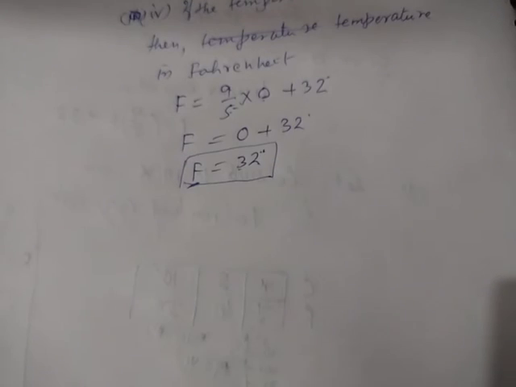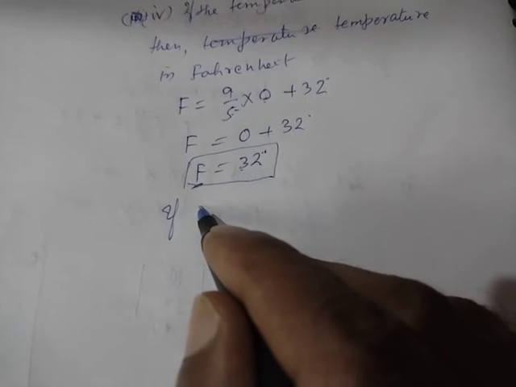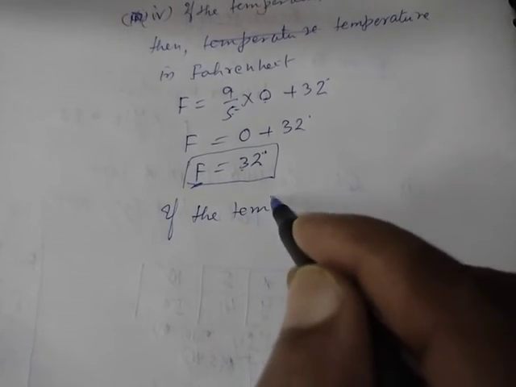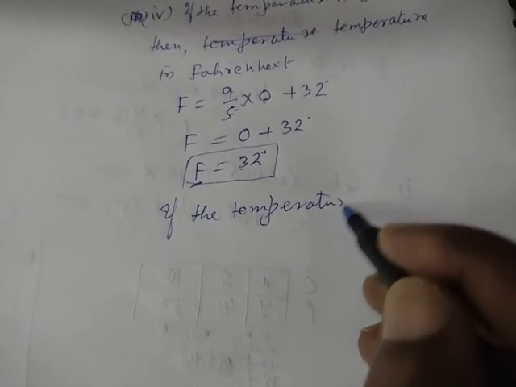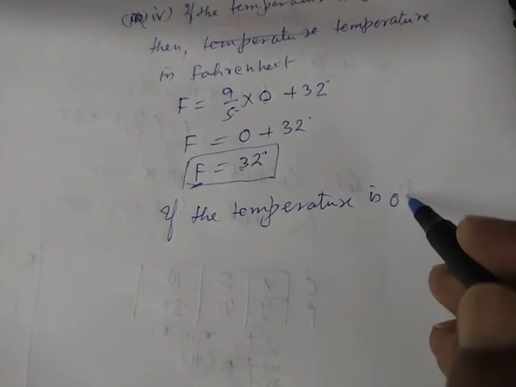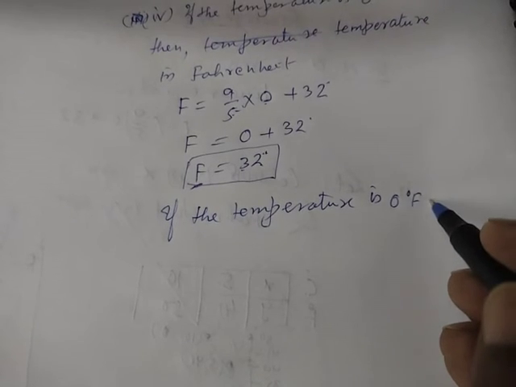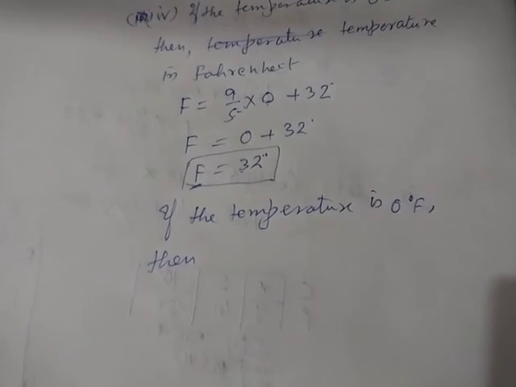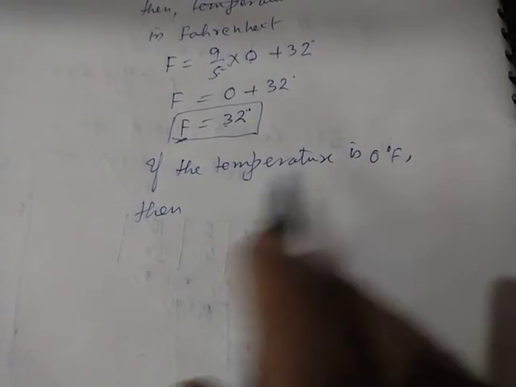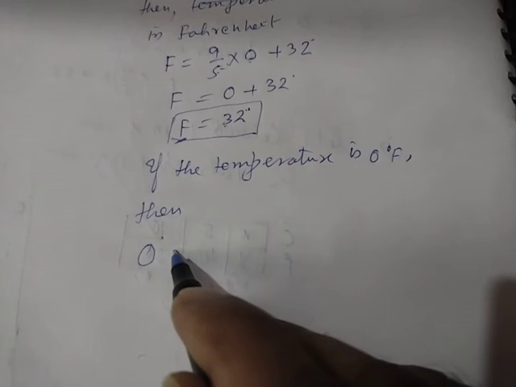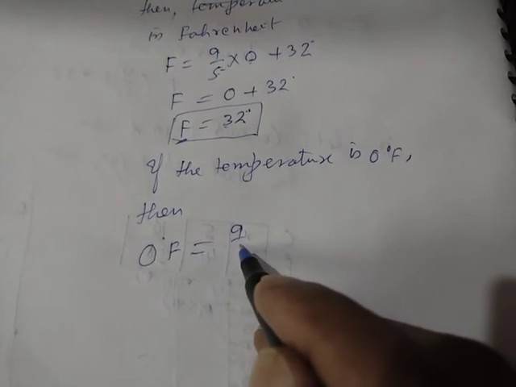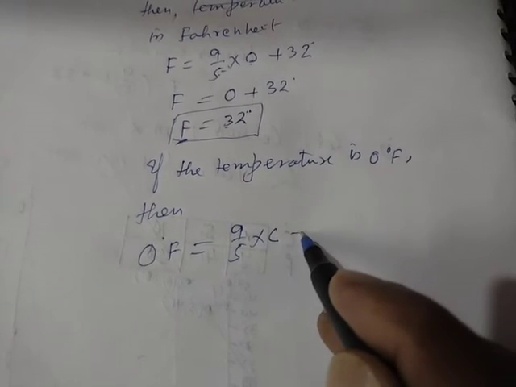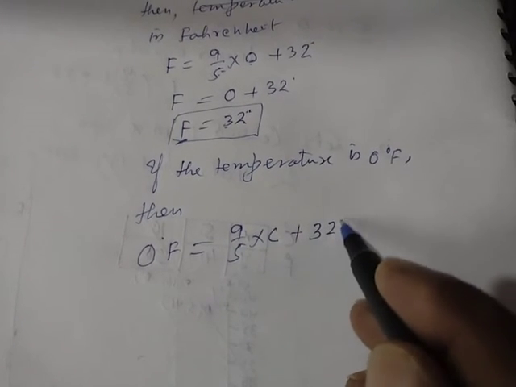Okay. Now if the temperature is 0 degrees Fahrenheit, then 0 Fahrenheit equal to 9 upon 5 into C plus 32.